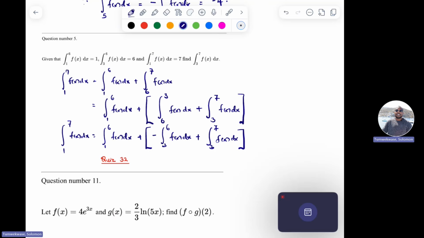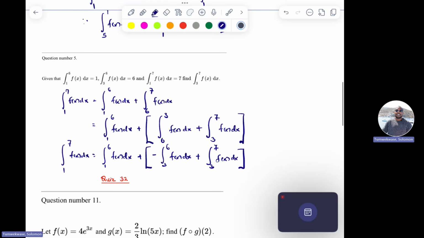So once again, I have everything. In red, 1 to 7 is right there. In green, 1 to 6 is right there. Then 3 to 6 is right there, maybe in another color.